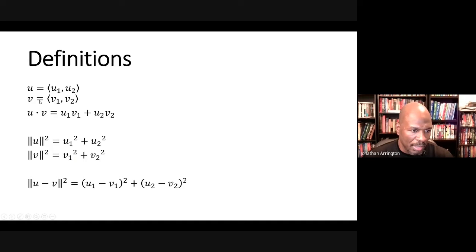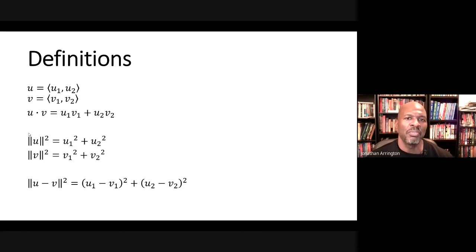And then the magnitude or the norm of u squared. Remember the magnitude of u is the square root of the sum of the squares of the components. And so if I square it, then there's no more square root. So the magnitude of u squared is just the components of u being squared and added together. The magnitude of v squared is just the components of v being squared and added together.